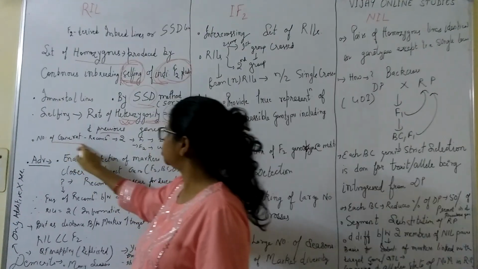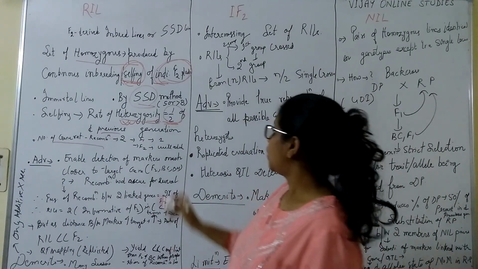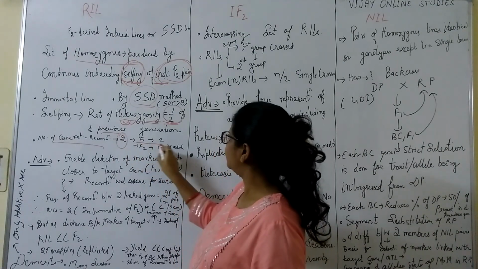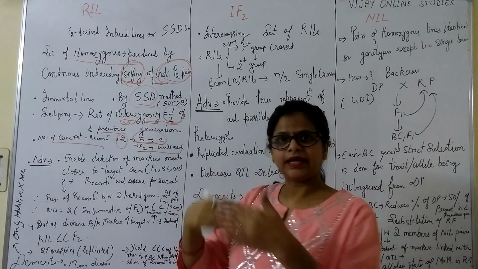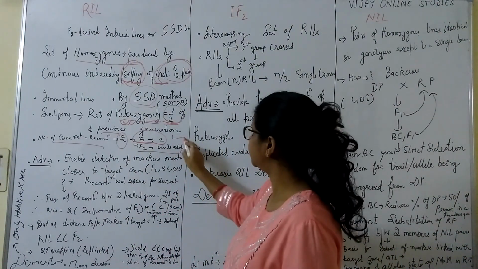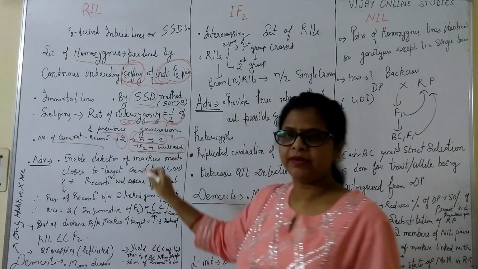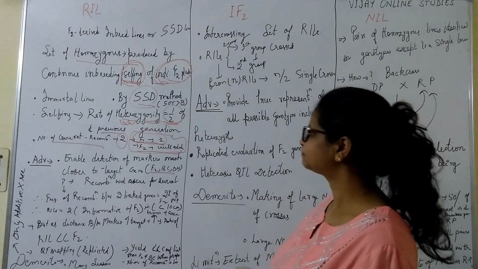How many generations do you need to get recombination in the whole population? Two. One recombination occurs in F1, another in F2, and then it adds on in subsequent generations. So here you get much more recombination compared to other mapping populations, that is F2, backcross and double haploid.